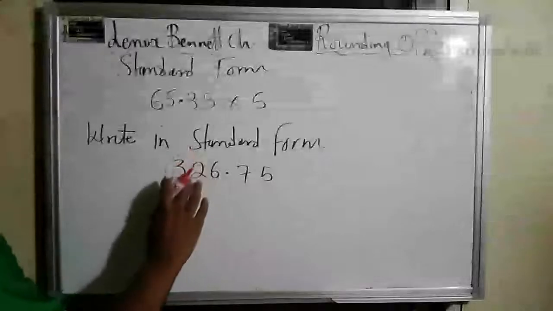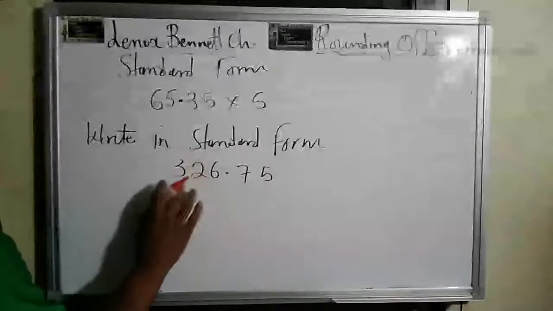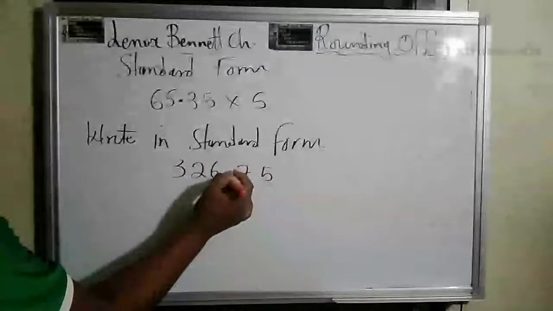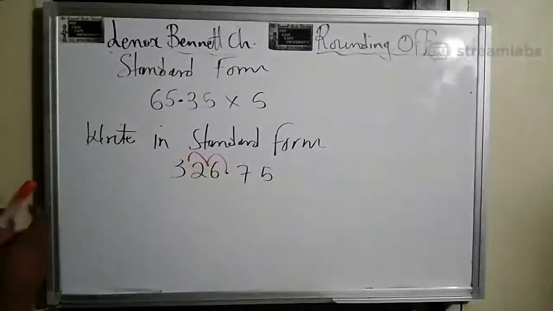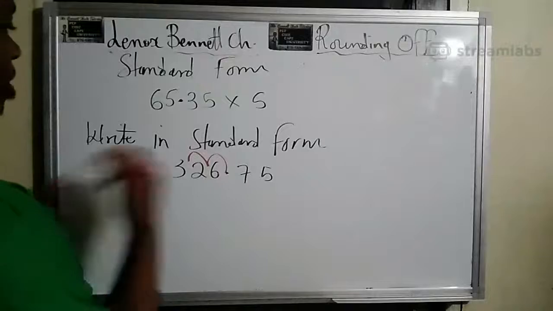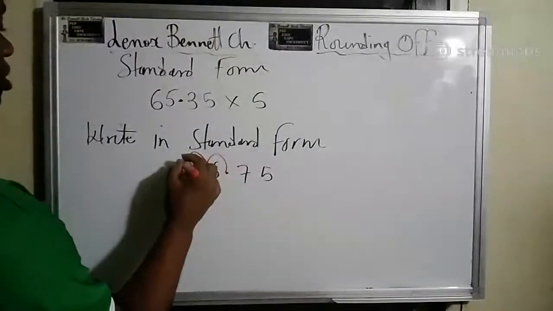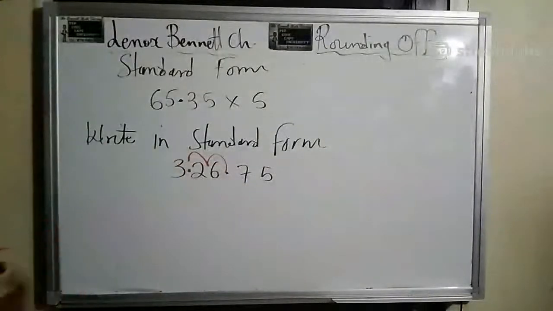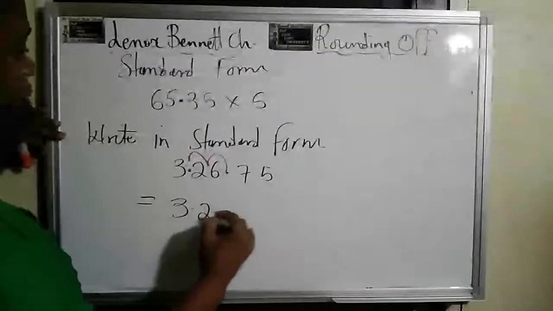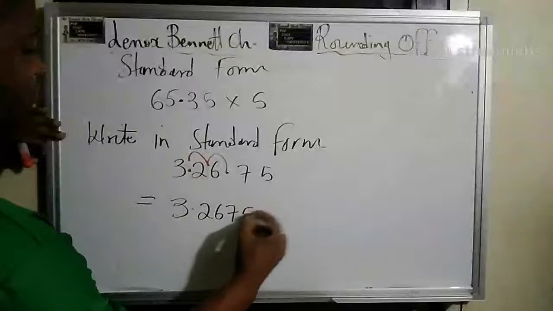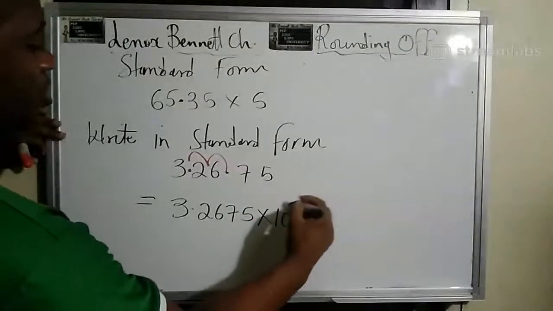So what we'll be doing now is going to our left this time, so 1, 2. So we move 2 places to get the decimal point after the 3. So let's rewrite that. So it's 3.2675 times 10 to the 2.